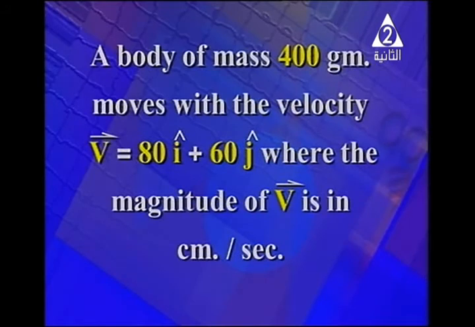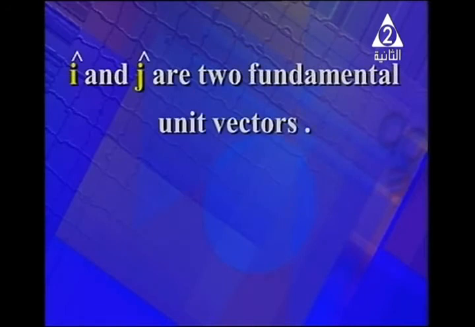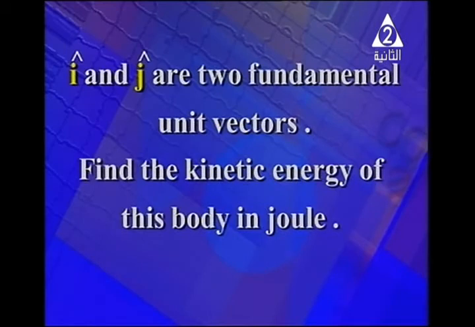A body of mass 400 gram moves with velocity vector V equals 80I vector plus 60J vector, where the magnitude of V vector is in centimeter per second. I and J are two fundamental unit vectors. Find the kinetic energy of this body in joule.